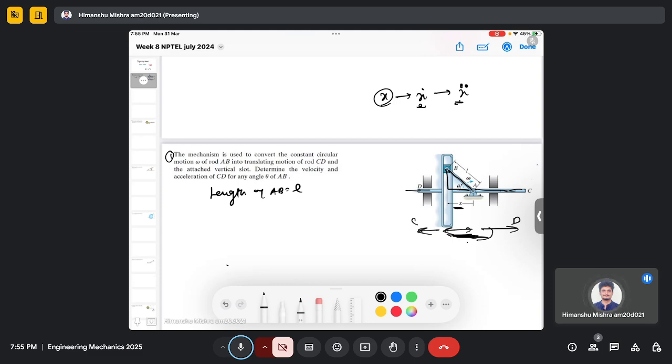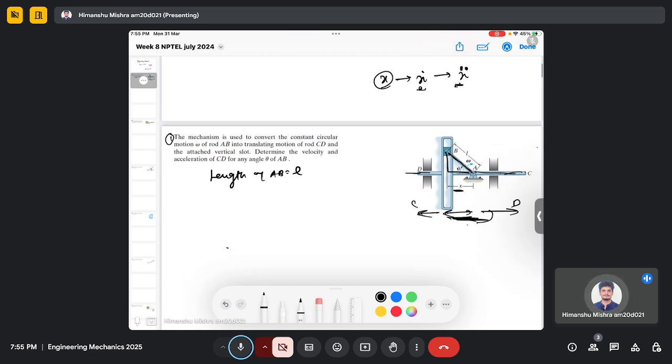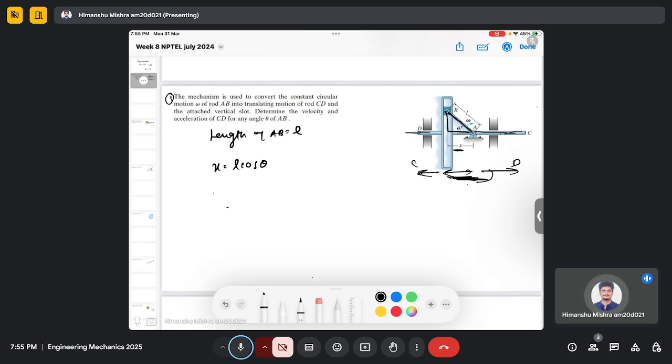So we already know AB, which is L, and we already have theta, so x can be given as L cos theta. If I take the time derivative, I will have x dot equal to minus L sine theta, theta dot.